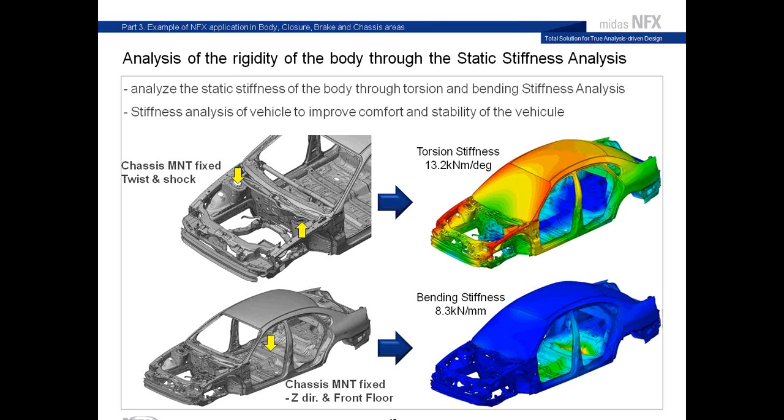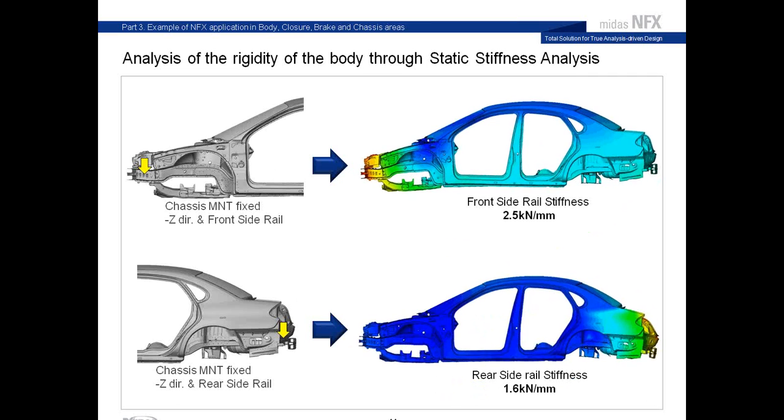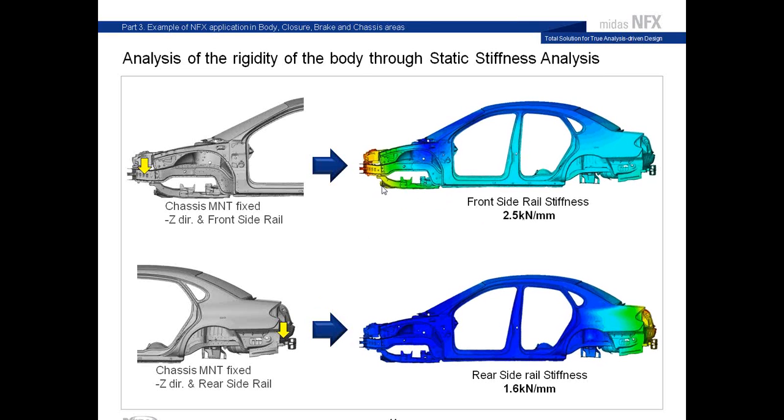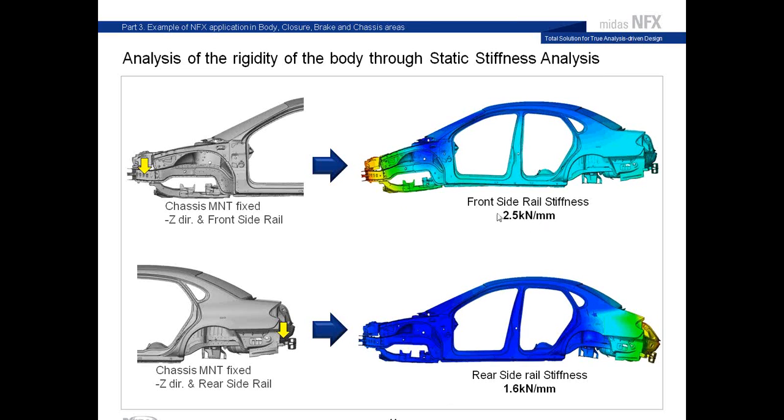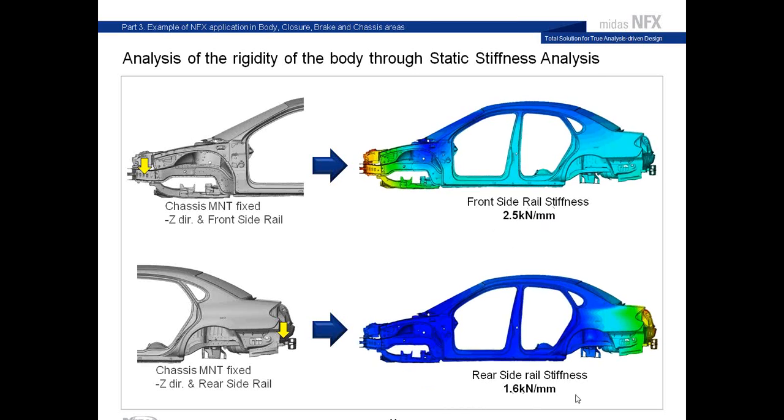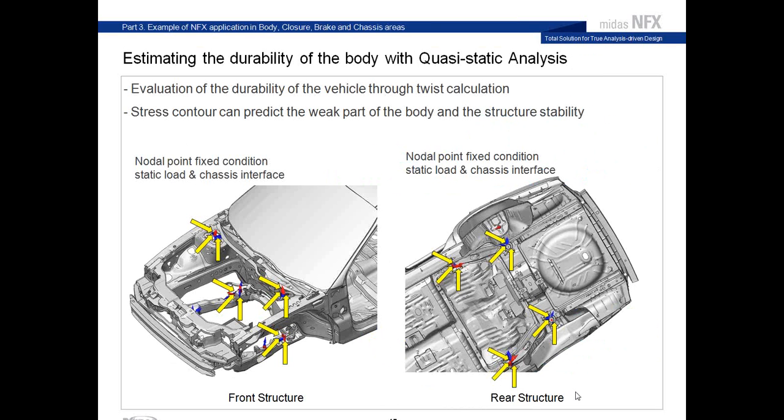All that will help to improve the comfort and the stability of your vehicle. Here you have the example for the torsion and here for the bending. Now, for the front side rail stiffness, you apply a load here and you measure the reaction. Same for the rear stiffness.